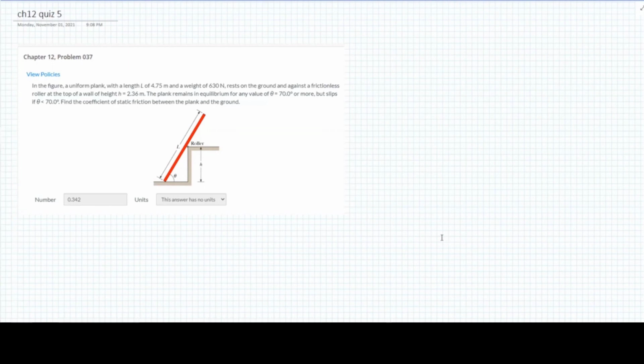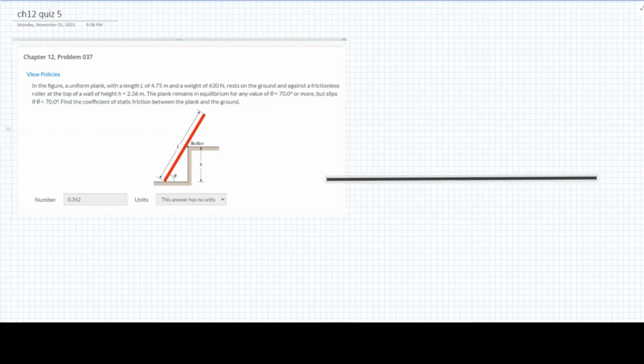And now we have coefficient of static friction. All right, so let's just do the ground. I'm just redrawing it just for a larger view. All right, there's the ground. Here's, well, okay, here's the table. It's like leaning up against the table.